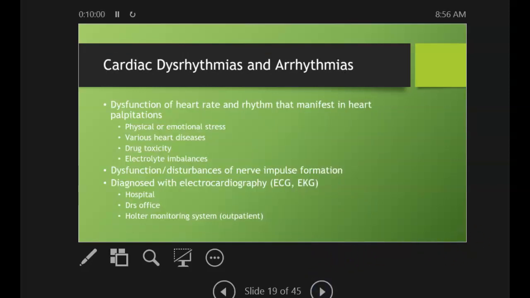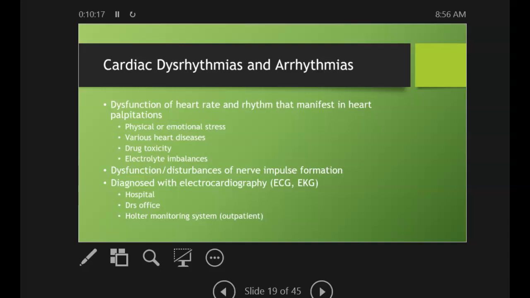Dysrhythmias may develop in a normal or a diseased heart, as we mentioned in the slide before. In healthy hearts, arrhythmias may be associated with physical and emotional stress, such as exercise or emotional shock, and usually subside in direct response to stimulus reduction.